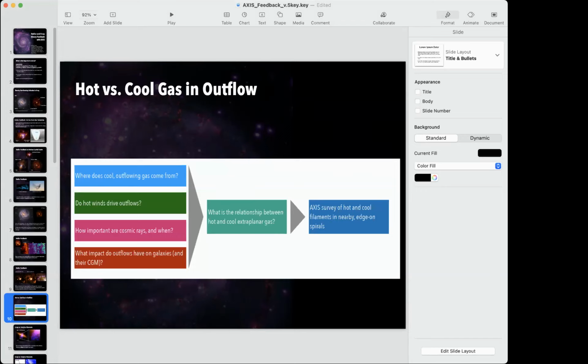How important are cosmic rays and when? What impact do outflows have on galaxies? We will also study the hot and cold extraplanar gas relationships with AXIS, investigating filaments in nearby edge-on galaxies.